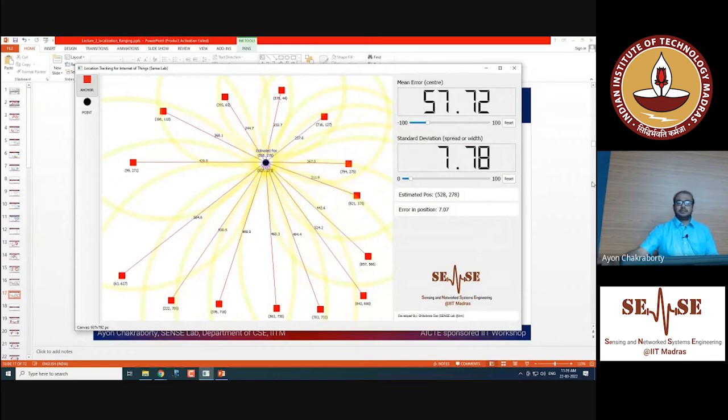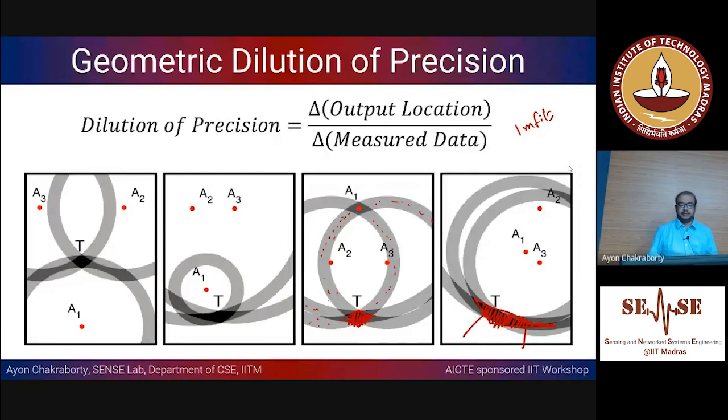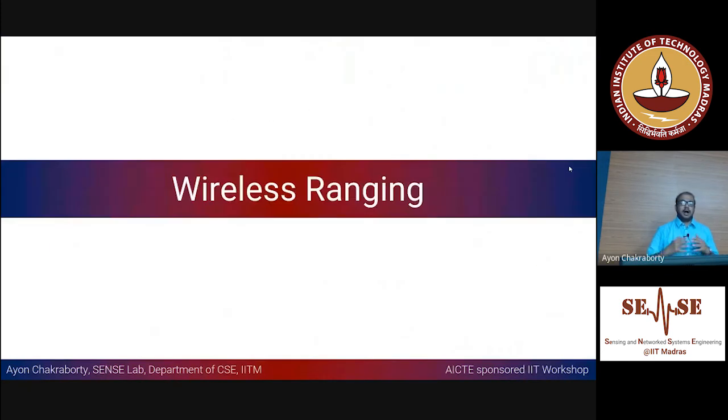I'll go to the next part of the session, which is about how you obtain such ranges. Till now we have assumed that by magic we have gotten these ranges, and we were interested in solving the optimization problem. Till now we assumed the estimation of ranges.